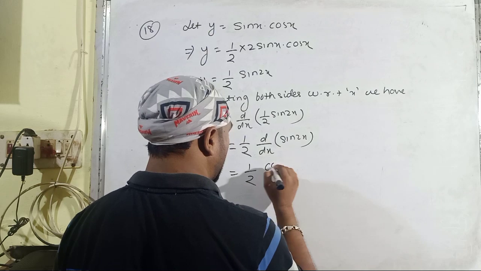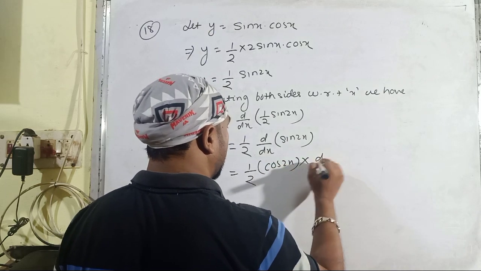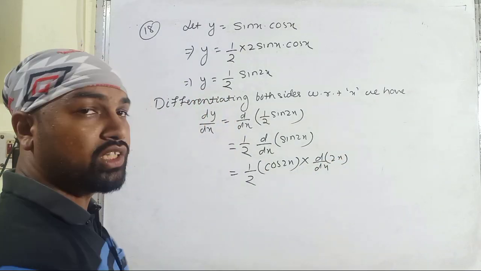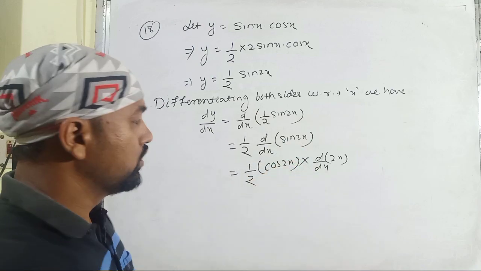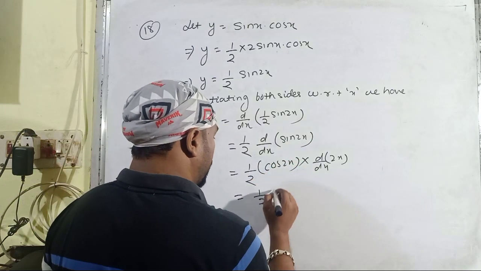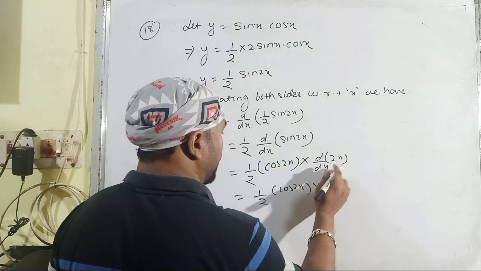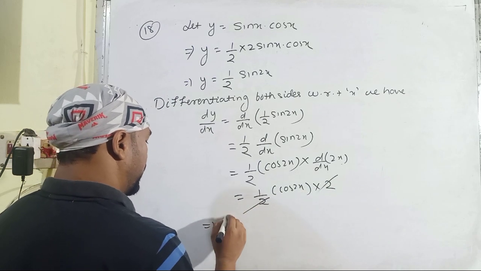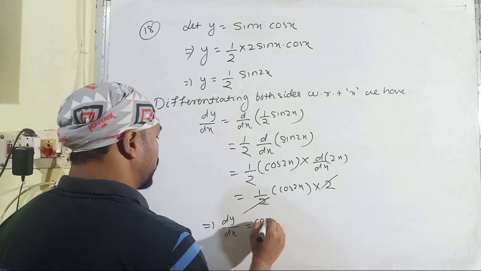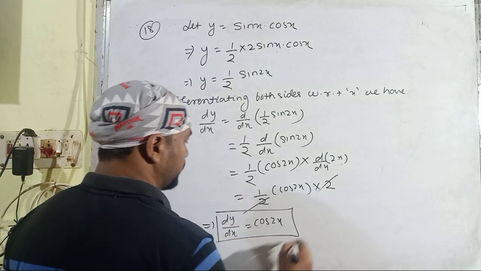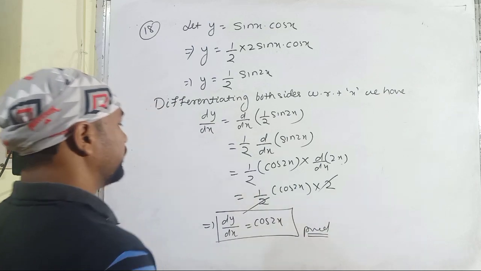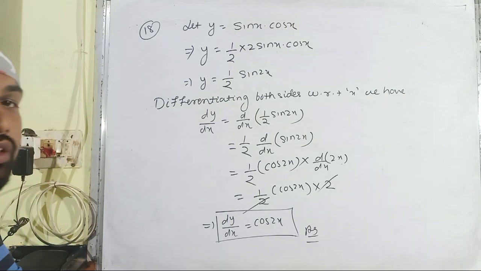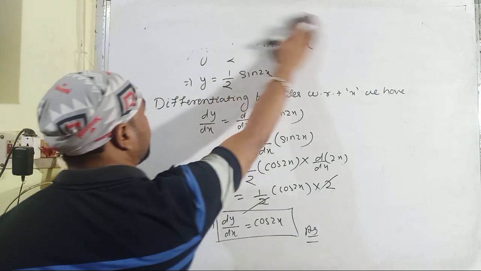Differentiation of sine function is cos 2x, but again multiplied with the differentiation of 2x with respect to x, because it is in the form of differentiation of sin u. So it will be 1 by 2 multiplied with cos 2x multiplied with differentiation of 2x, which is 2. Cancelling both of the 2's from numerator and denominator, we have dy upon dx is cos 2x, and here it is proved. This is the answer for the problem number 18. Then moving on to the problem number 19.